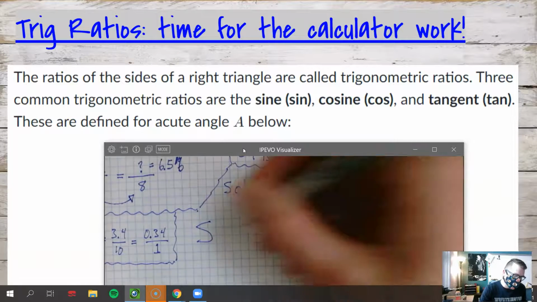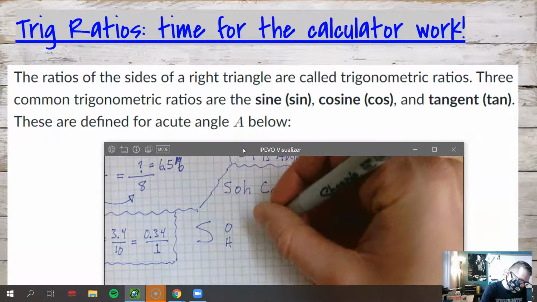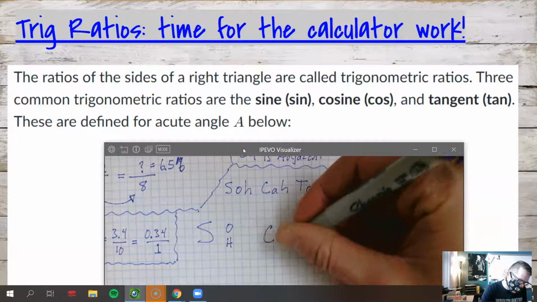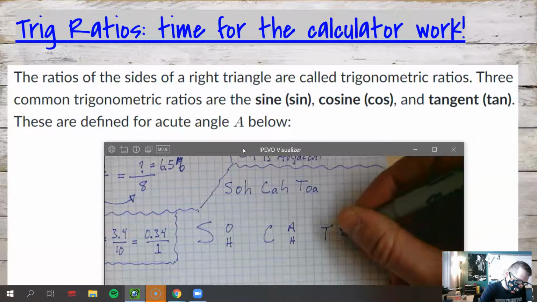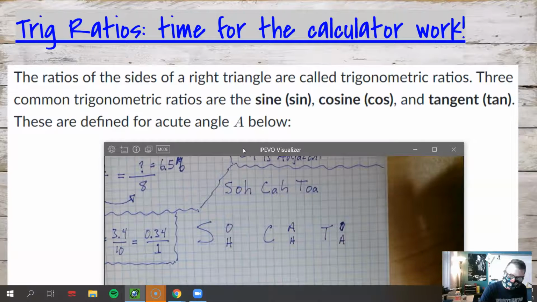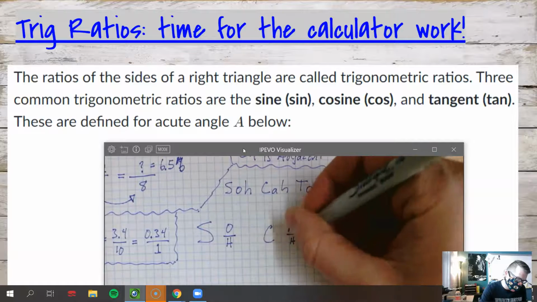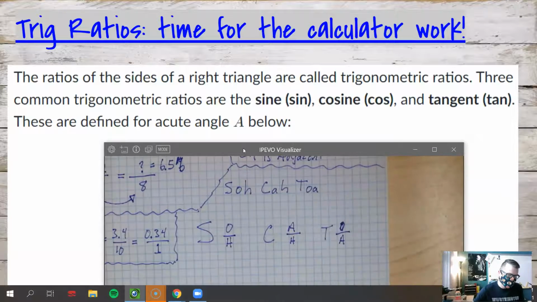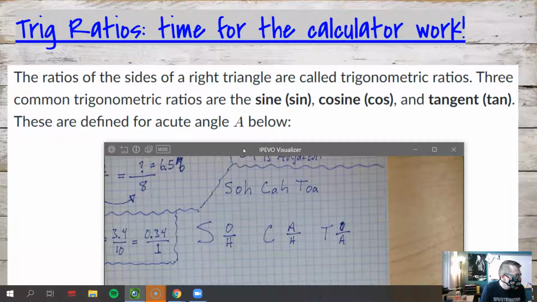How I would like you to visualize it, so you can remember SOHCAHTOA. That's fine. But what the heck does SOHCAHTOA mean? It's just a memory trick.